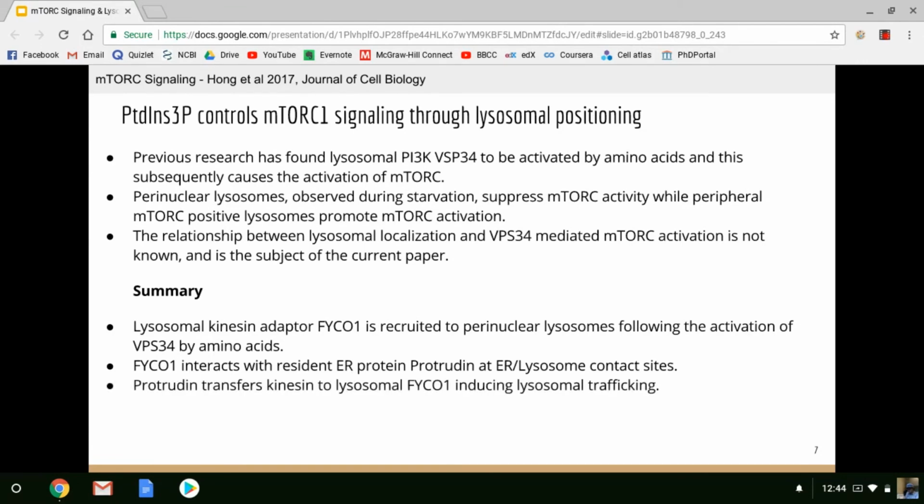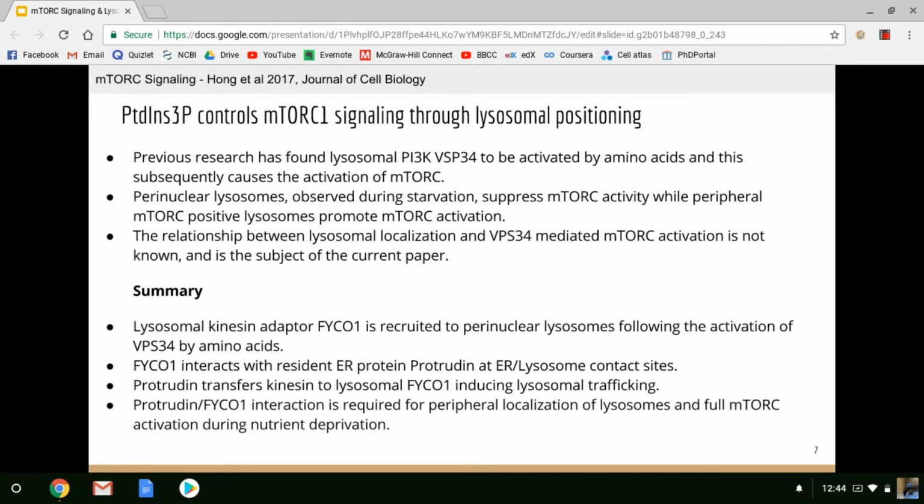This FICO1 protrudin interaction is important because protrudin is responsible for handing off kinesin to FICO1. So even though FICO1 is a kinesin adapter for lysosomal transport, it doesn't grab kinesin by itself. It actually needs protrudin to facilitate that interaction.